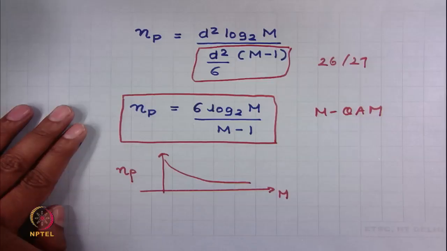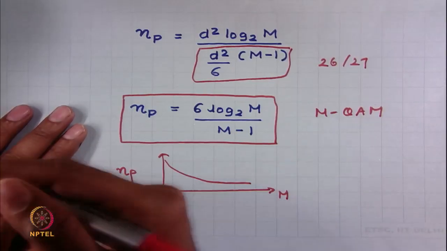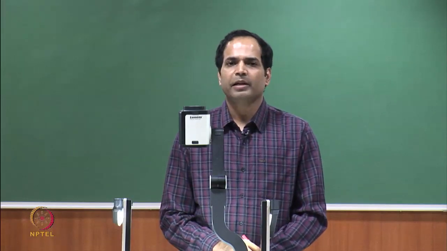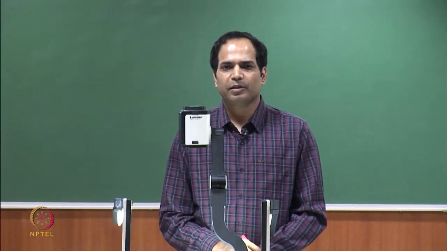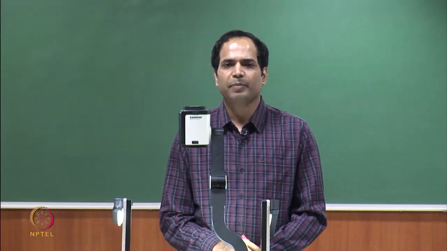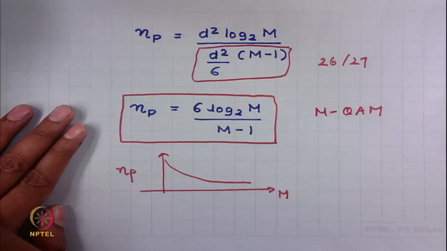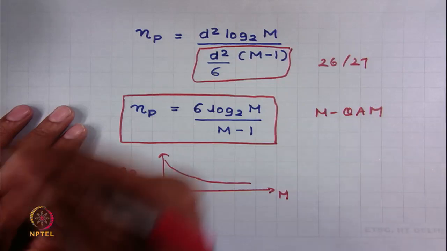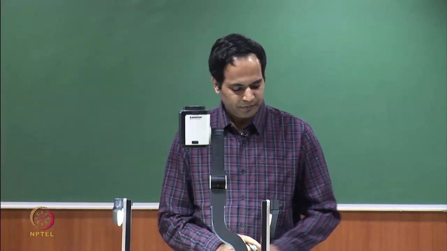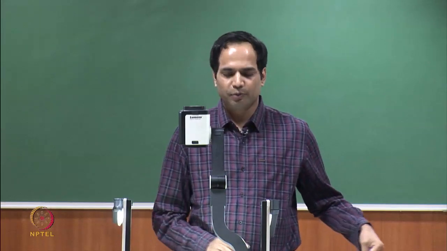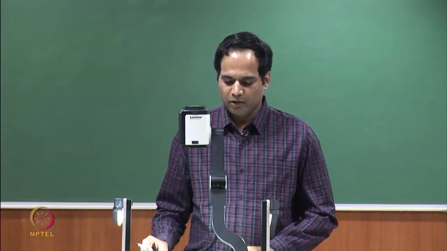Okay. So, for M-QAM, power efficiency decreases with M, but if you remember, the spectral efficiency of M-QAM increased with M. So, if you wanted a modulation scheme with a larger spectral efficiency, you should increase M, but then it will reduce the power efficiency of your modulation scheme. All right, we will talk about this point in a lot more detail later on in this lecture.